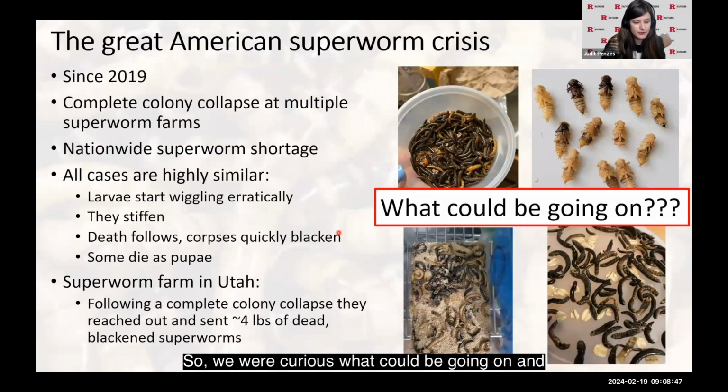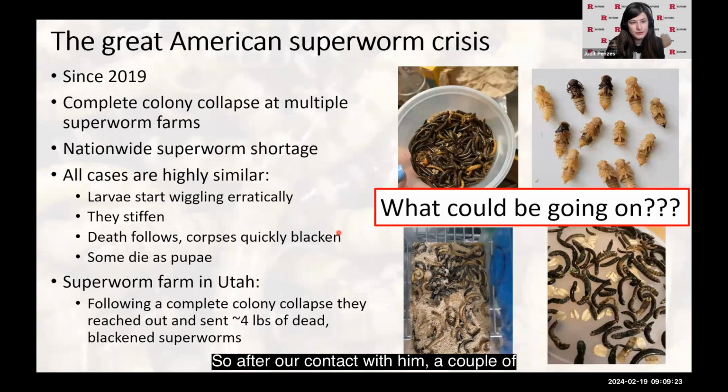So we were curious what could be going on, and we were especially curious when we were contacted by an insect farmer from the state of Utah who suffered a complete colony collapse and an approximately 90% mortality of his superworm stock, and was very frustrated by the entire phenomenon and wanted to get to the bottom of this, so before he restarts he could take the proper measures to prevent this from ever happening again.